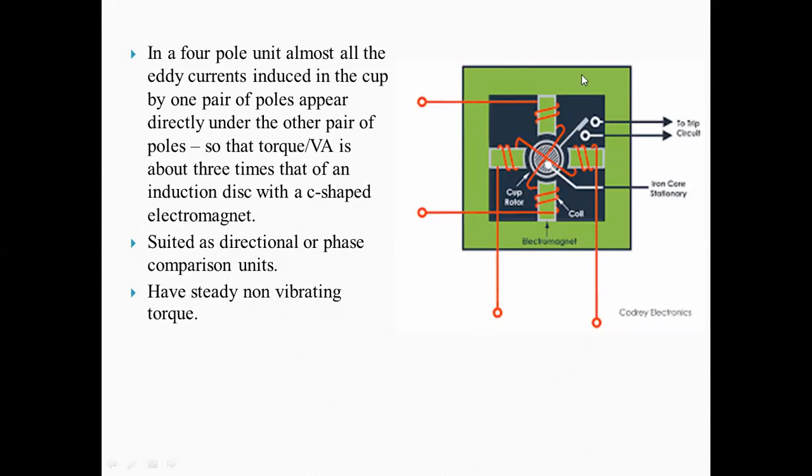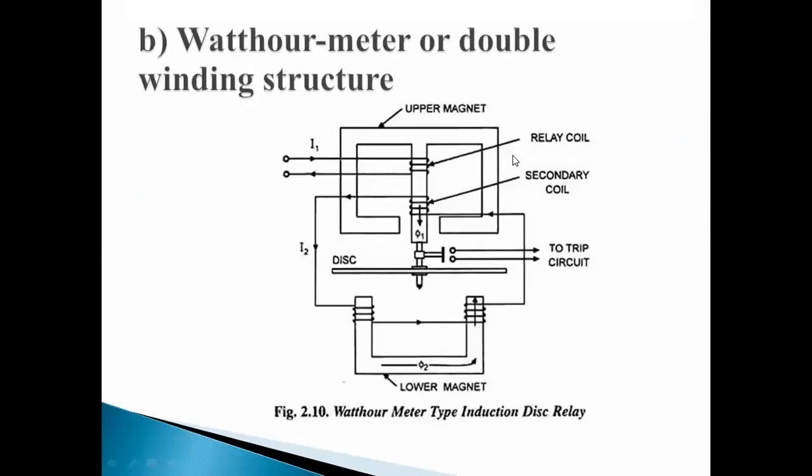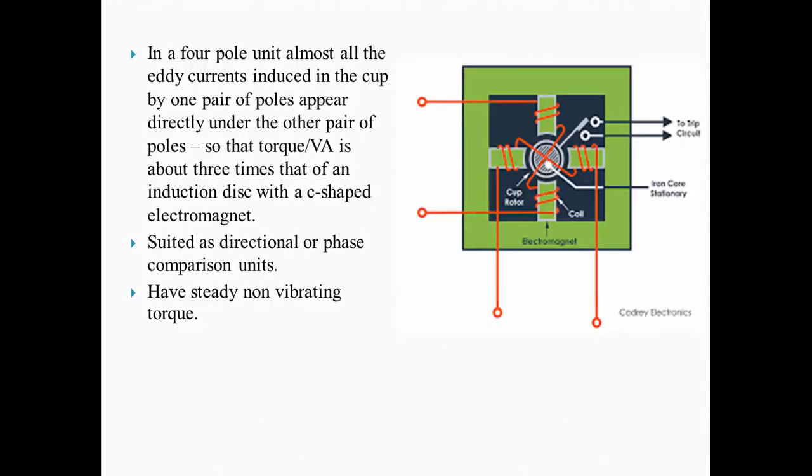There are different advantages of this cup type structure, because when we use the watt hour meter or induction disc type structure, there is inertia and some vibrations. But on the inner side we are using four poles, so these vibrations are decreased.